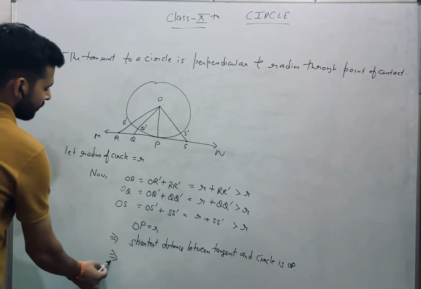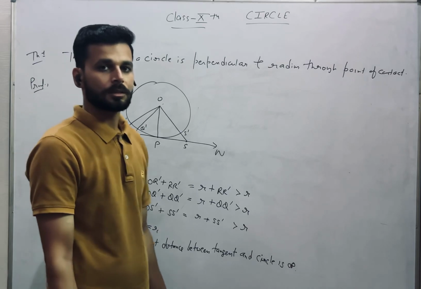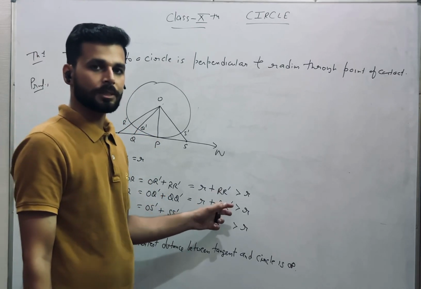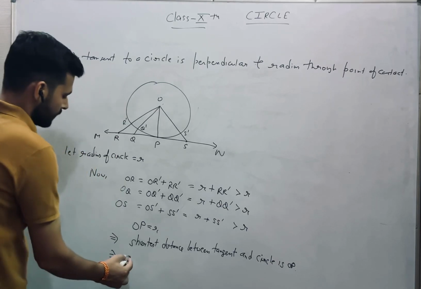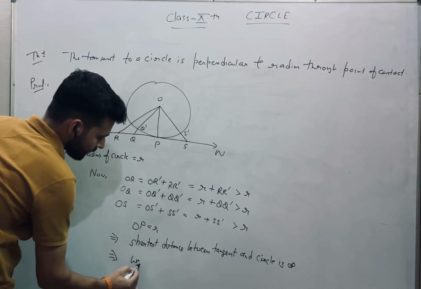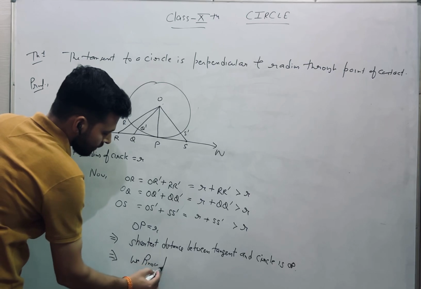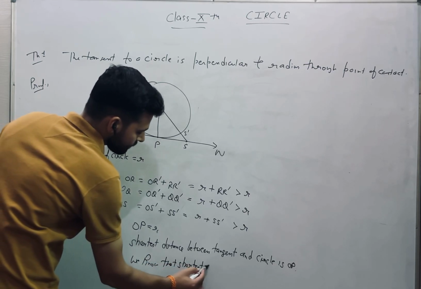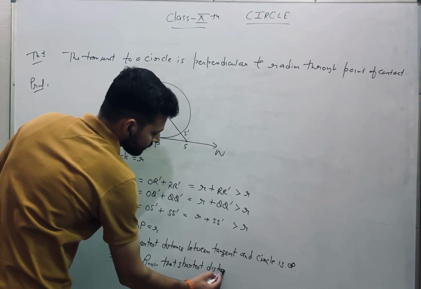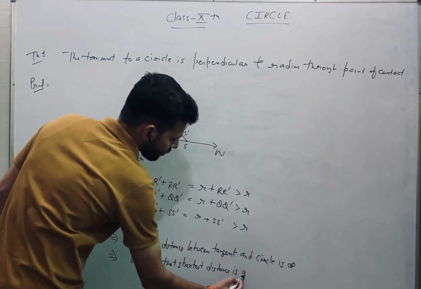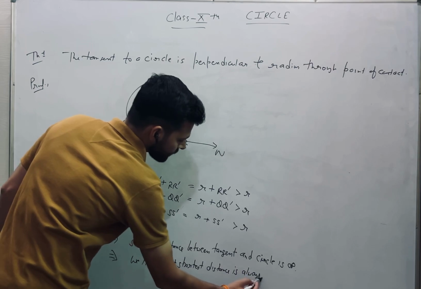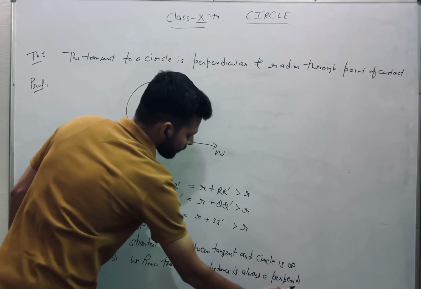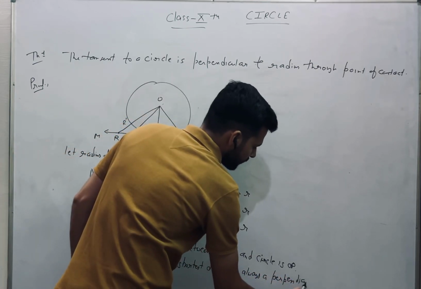And we know about the shortest distance. We have studied in class 9th that the shortest distance is always a perpendicular distance. Shortest distance is always a perpendicular distance.